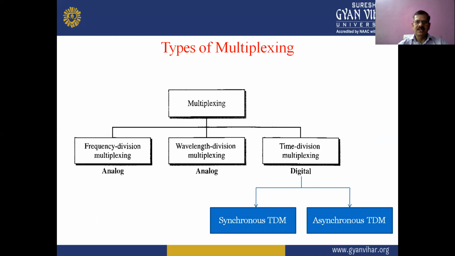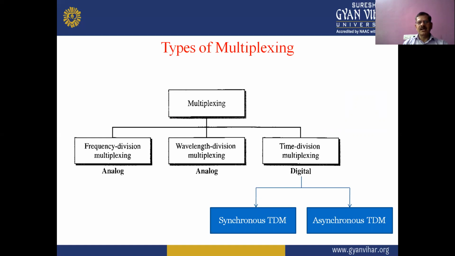Types of multiplexing. There are many types of multiplexing, basically divided into three types. First is frequency division multiplexing, which is an analog technique. Second is wavelength division multiplexing, WDM, which is also an analog technique.